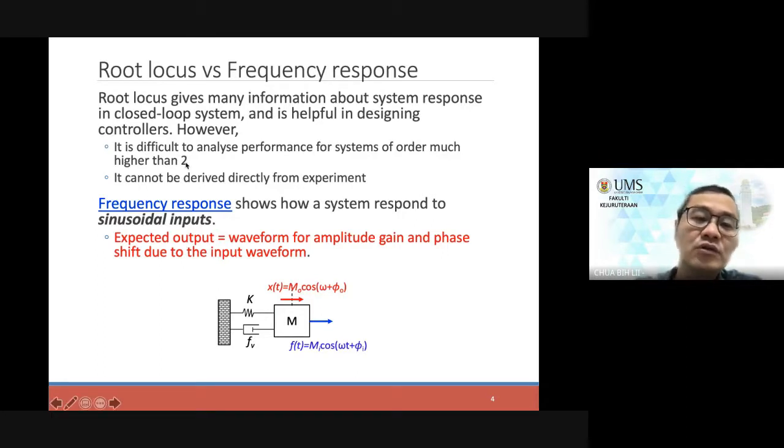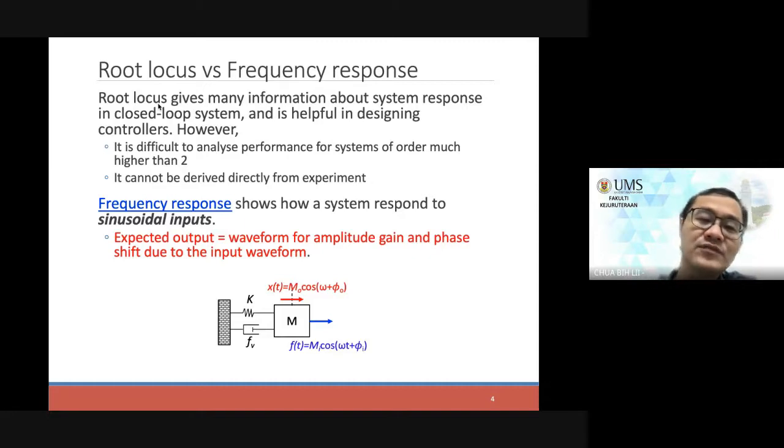The root locus is many times related to the time response, where we see the time response curve with oscillations, maybe a sinusoidal performance according to time. It is easier for us to visualize because we can easily see the location at time zero and so on. But sometimes the system doesn't stop, it keeps repeating itself.